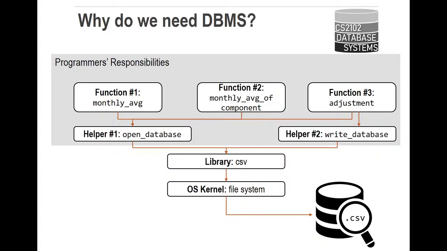If you are using a DBMS, on the other hand, that bottom 2 of your responsibility is part of the DBMS. In fact, the DBMS is doing a lot more things. So here, instead of writing a function, you just write a query. You do not even have to specify how those data are going to be obtained. And this gives us a nice abstraction where, given a query, the DBMS can optimize.